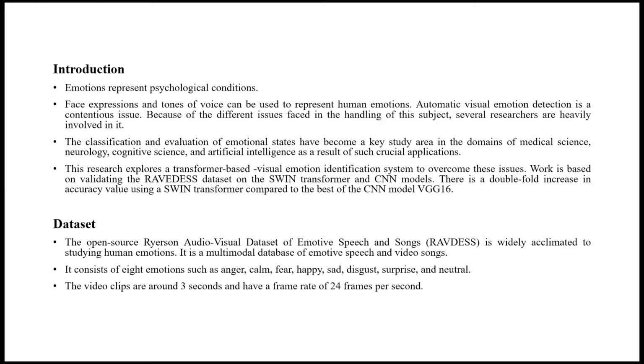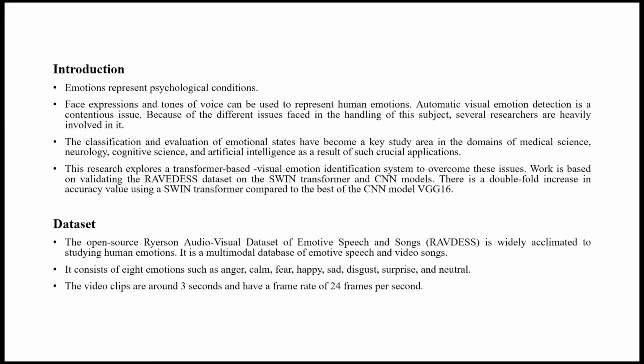In that sense, it is a single modality database we used, in order to reduce the complexity of the model. In this research, we explore a transformer-based visual emotion identification system to overcome these issues.